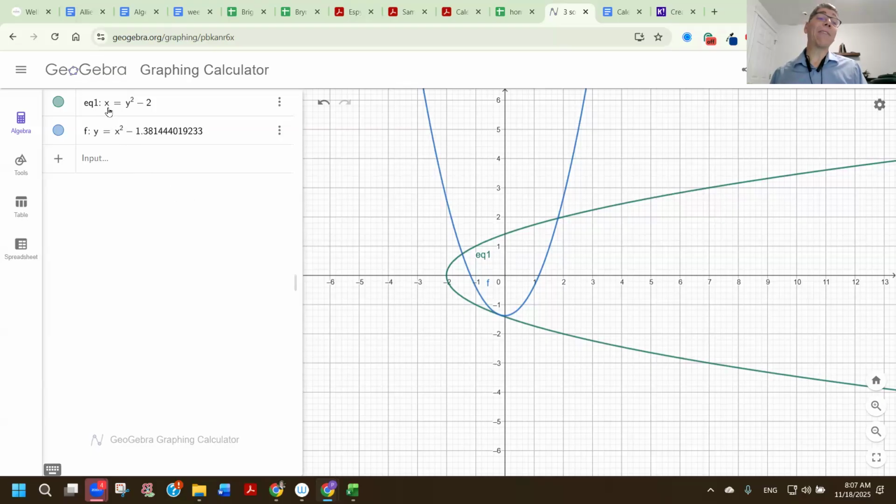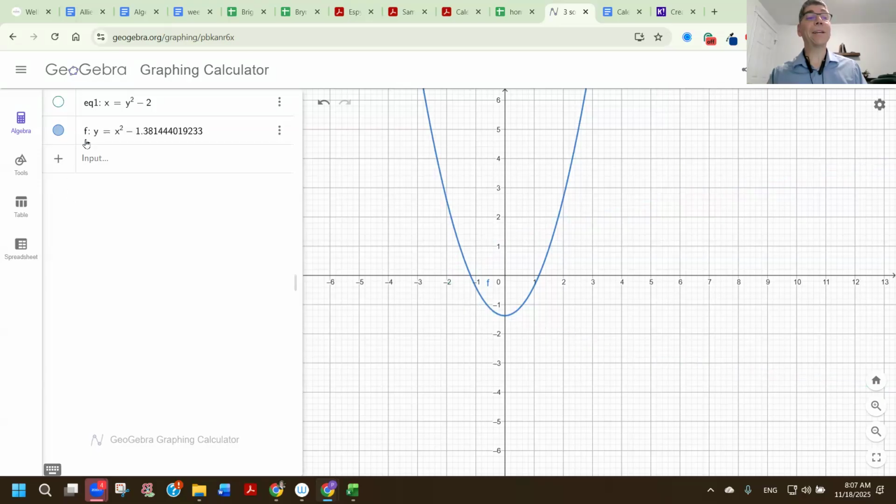Excellent. Here you have a quadratic equation, and whenever you have a quadratic, you have a parabola. These are the curves that we have. In this one, f is the function of x in order to get y, and so we get a parabola this way.